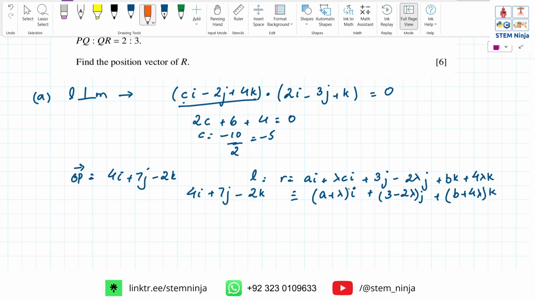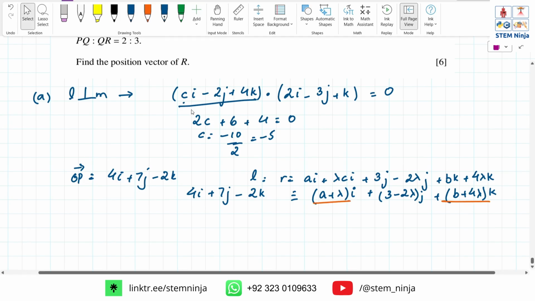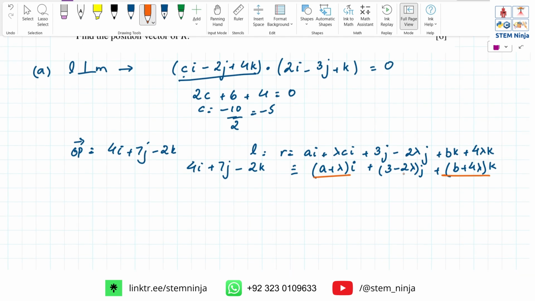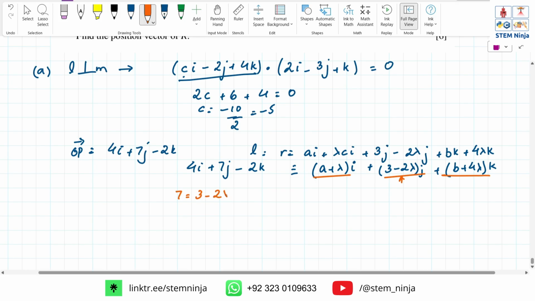First off, as you can see, the i and k components have unknowns. So first we can find the appropriate lambda by using the j component. So 7 equals 3 minus 2 lambda. In three unknowns, a, b, and lambda, we can find one of them first. So 2 lambda is equal to 3 minus 7, which is minus 4. So lambda is equal to minus 2.